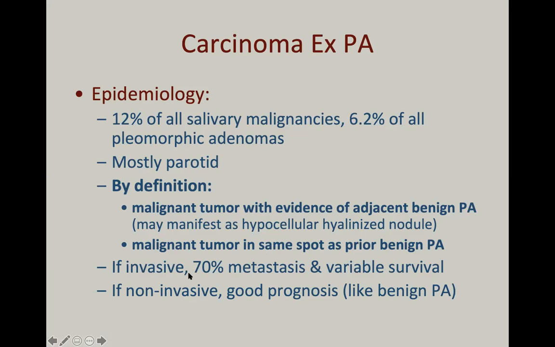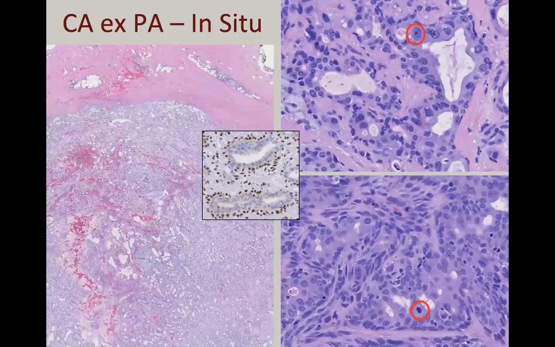Once these are invasive and destructive into the adjacent gland, they have high rates of metastasis and poor survival. If they are so-called still in situ, the prognosis is much better. So here's an example of what an in situ carcinoma might look like, such that you still have a very confined neoplasm.